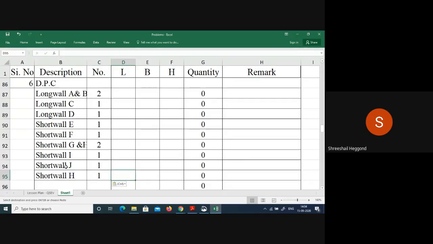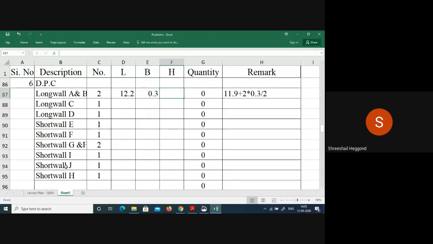The DPC. Length of long walls A and B, center to center length, is 11.9, plus both the side extra you have to add, that is 2 into 0.3 divided by 2. It will be 12.2. Breadth is 0.3.